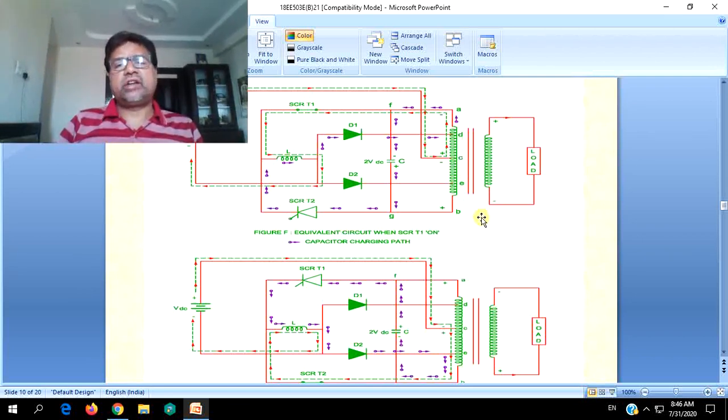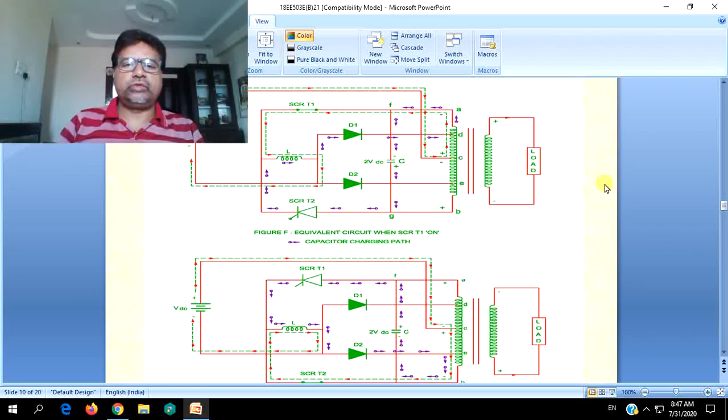Once in each half cycle, T1 will be turned on in the positive half cycle, turned off after a quarter cycle, then it will be turned on again in the next half cycle, that is the negative half cycle.